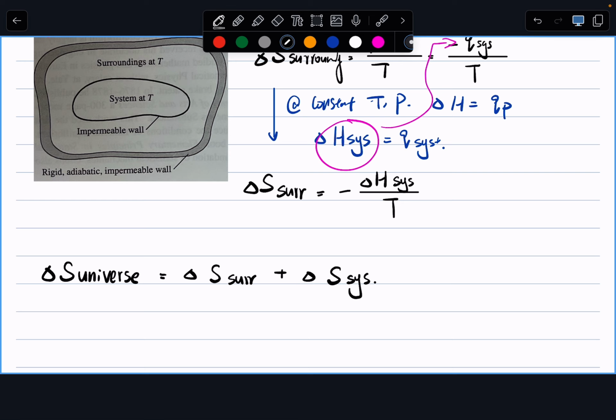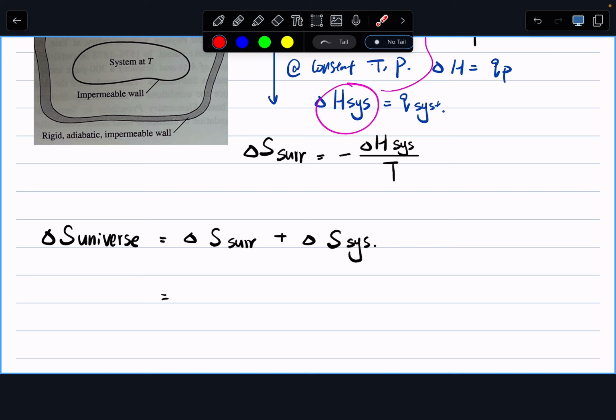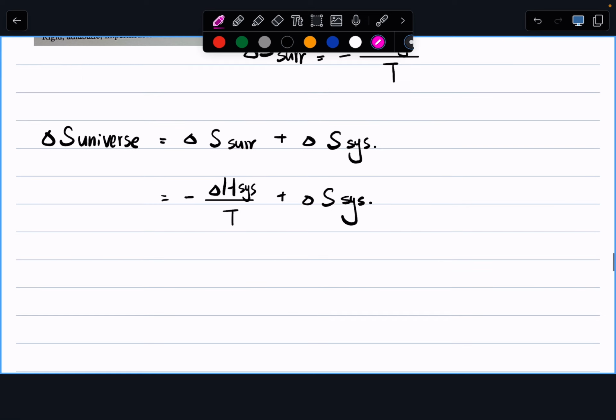Universe equals system plus surrounding. And we already know my delta S of the surrounding equals negative delta H of the system over temperature, plus delta S of the system. So far, so good. What else do we know?